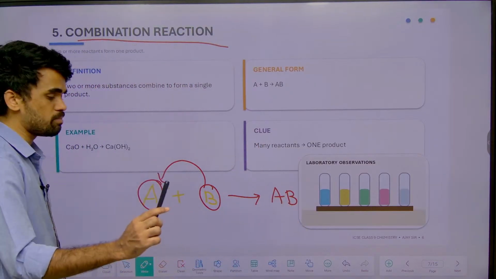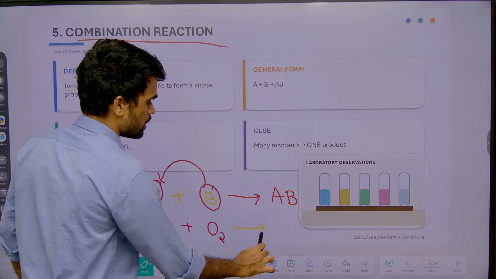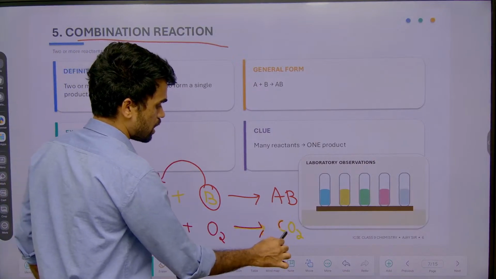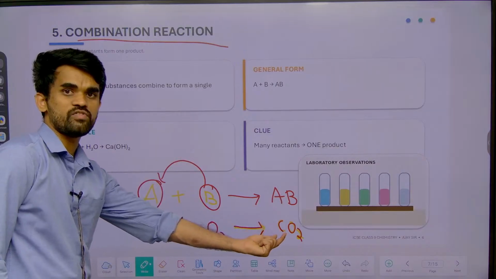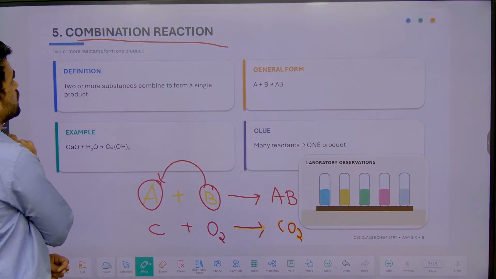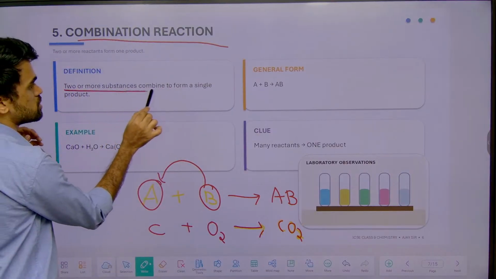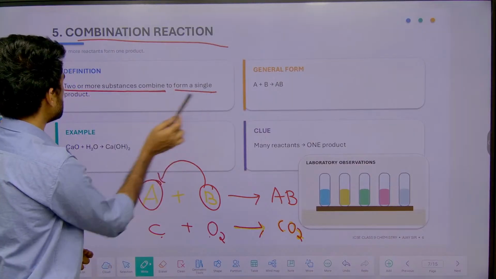The best example is carbon combines with oxygen and forms carbon dioxide, CO2. See what is happening in the reaction: the starting materials are getting combined to form a final product. So in a simple way, two or more substances might get combined to form a single product.